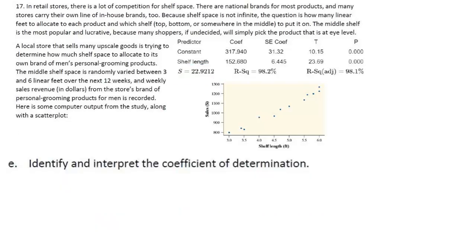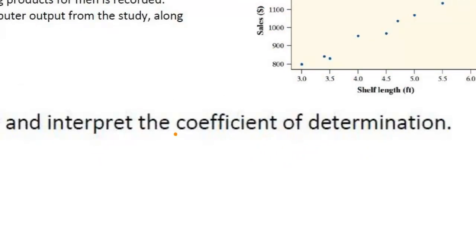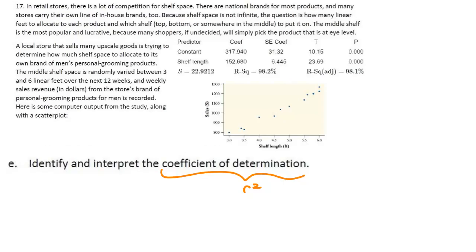And then with our last little bit, identify and interpret the coefficient of determination. Coefficient of determination is r squared. This tells how much of the variation is because of the linear relationship.